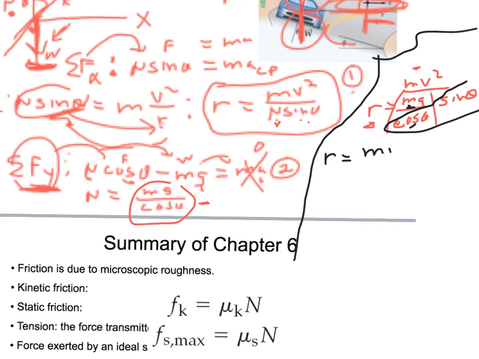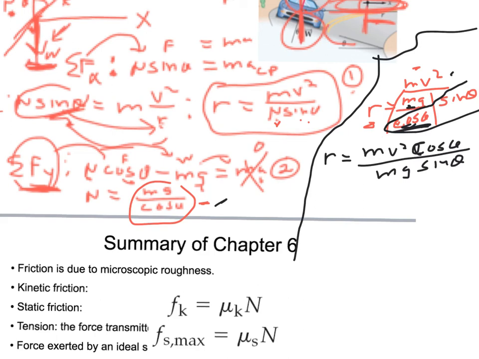We get mv squared, and this cosine is in the denominator, and when we inverse multiply, it brings the cosine to the top. So that leaves us with mg sine of theta down below, and cosine over sine. Now we saw sine over cosine is tangent. Well, cosine over sine is inverse tangent.